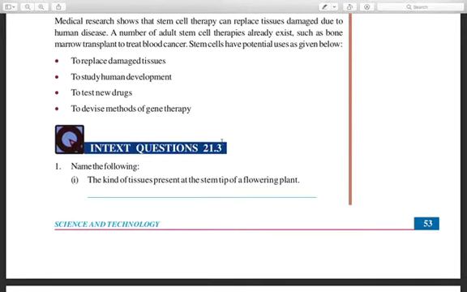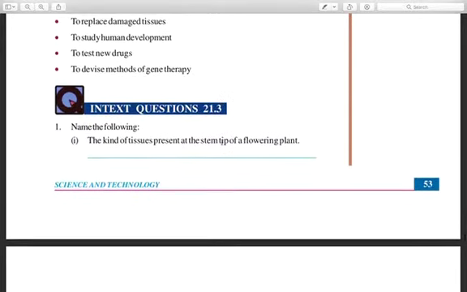And to devise methods of gene therapy. Gene therapy is where we take the genes, isolate the DNA, and do research to find new therapy for diseases where there is no cure, or we want to improve the cure. So these are the four main potential uses of stem cells.